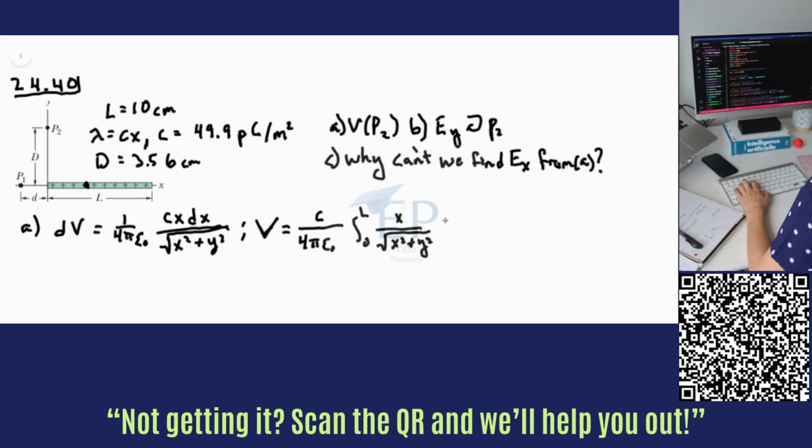So we'll have c over 4 pi epsilon naught times the integral from 0 to L of x over the square root of x squared plus y squared dx.